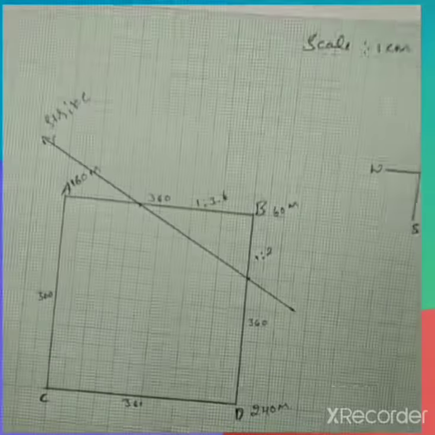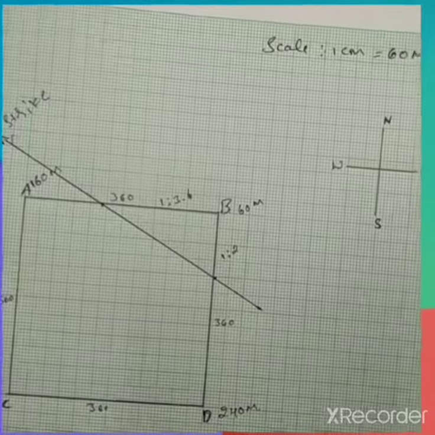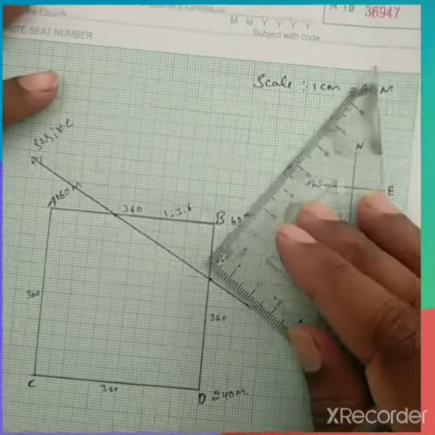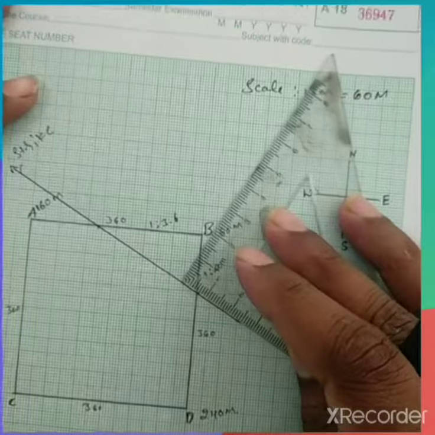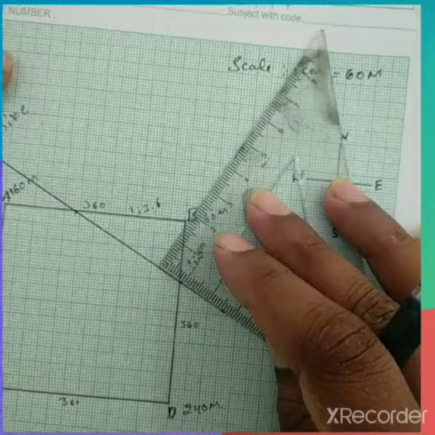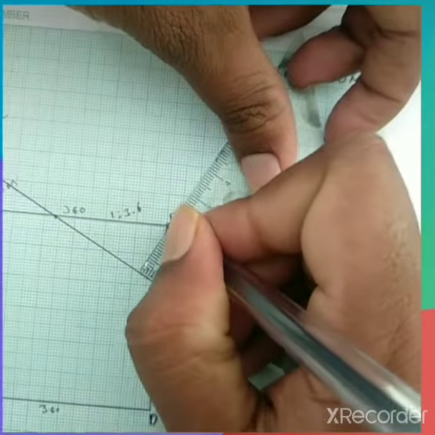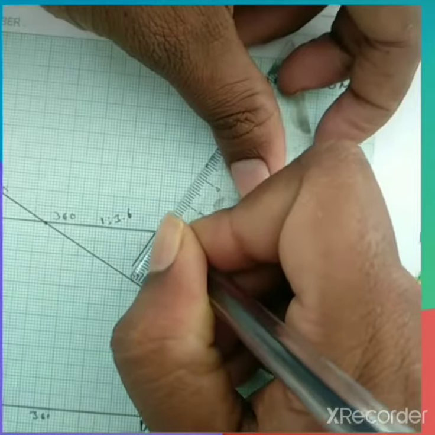For the strike, as we all know, the strike is perpendicular to the true dip direction. So we need to draw a perpendicular line. We need to construct a perpendicular line from the least count borehole. It should meet the strike line.